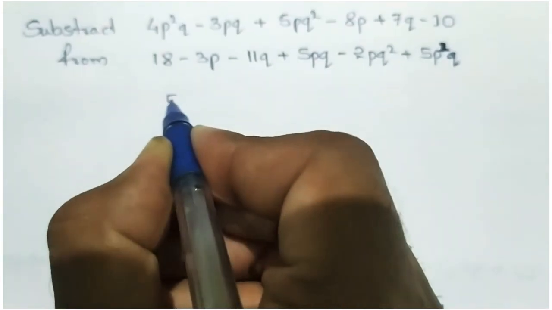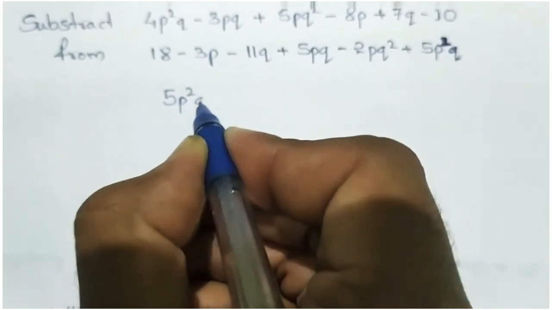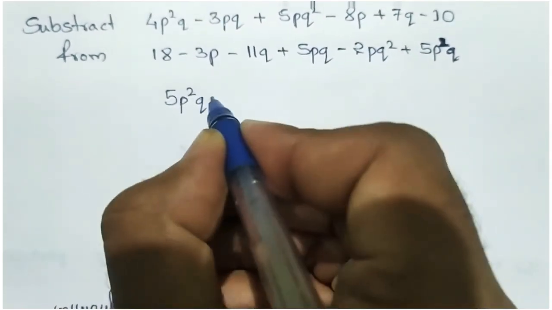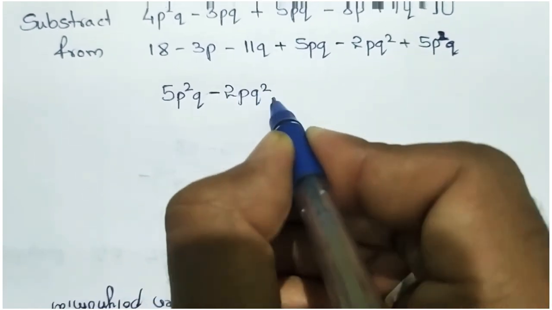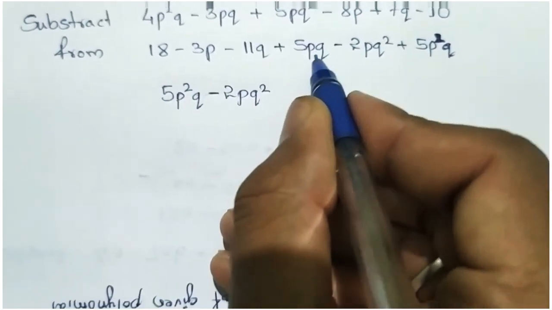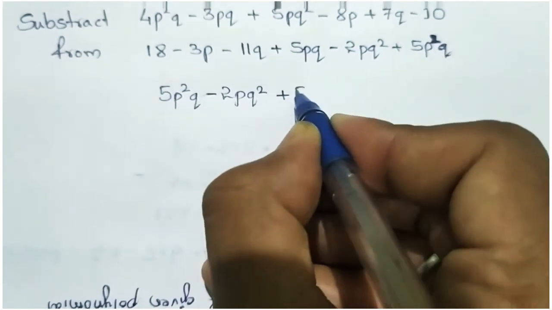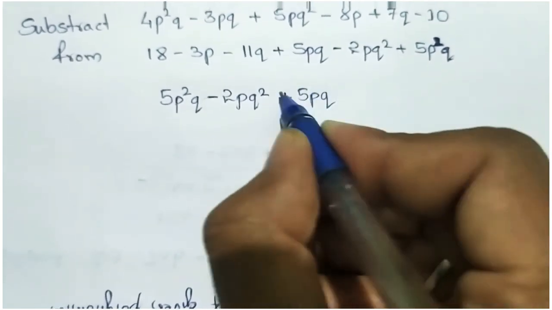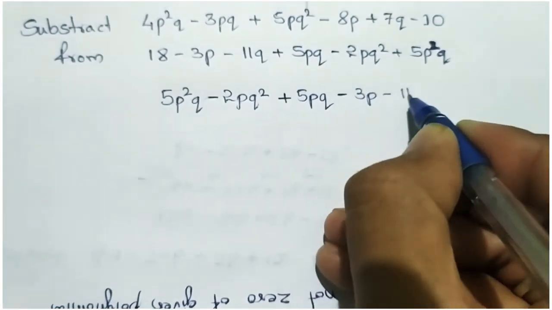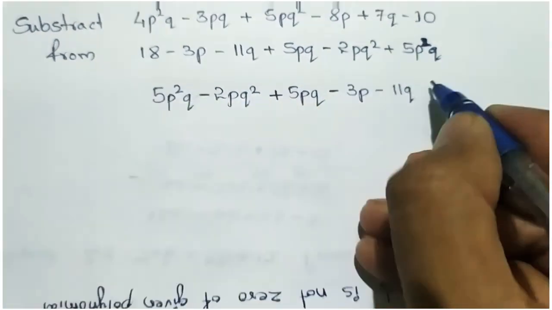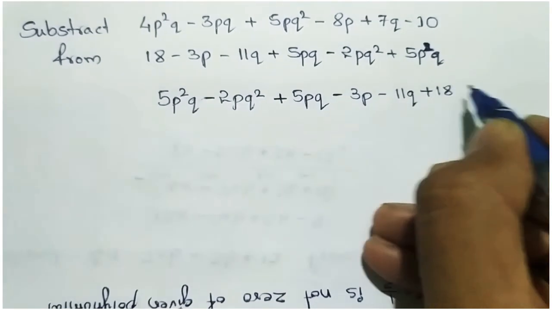So I will write 5p square q, and here there is a minus, so I will write minus 2pq square. After that, two variables, that is 5pq. Next, minus 3p minus 11q, and 18 is plus 18.